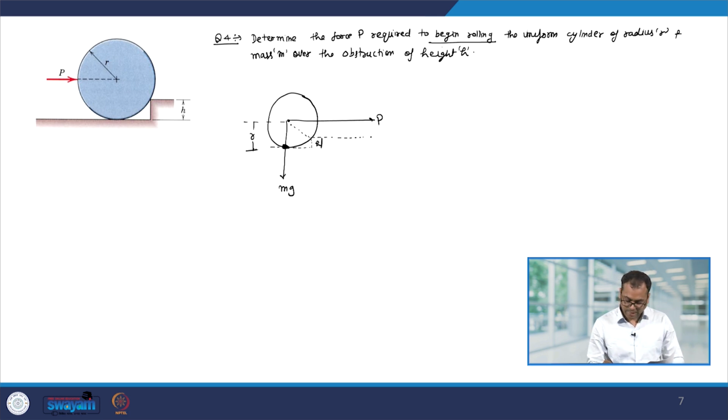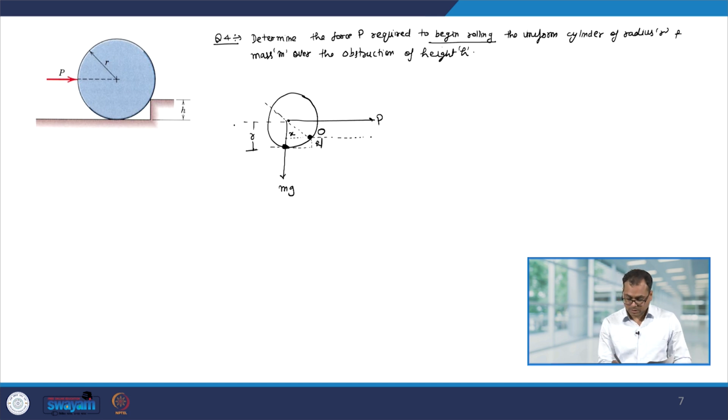From here, we will have some reactive forces, and since they are unknown, let us take the moment about this point O. Now, to write down the moment, we should know the distance from O to the line of action of mg. So, let us say this one is x. First, let us determine x.